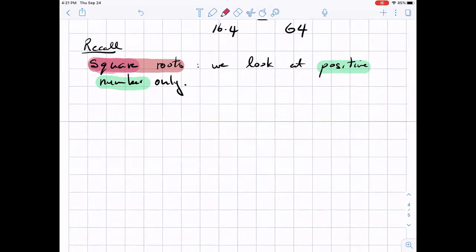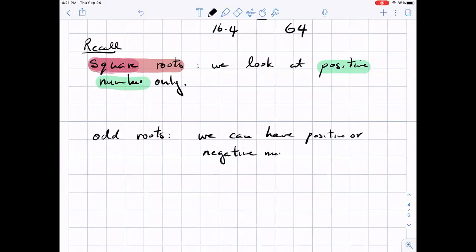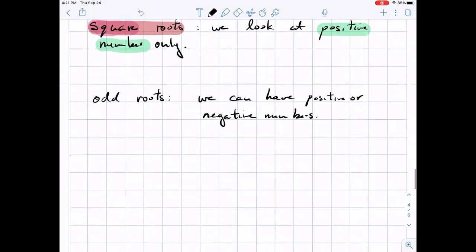But for odd roots, we can have positive or negative numbers. For example, if I ask you what is negative 8 raised to the 1/3 power? This means the cube root of negative 8, right?